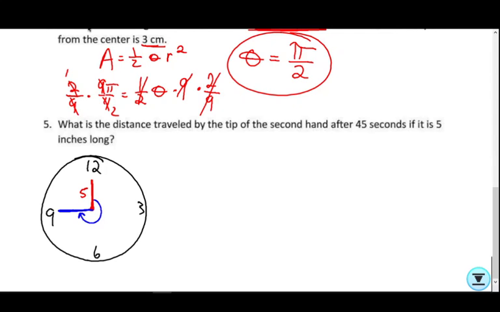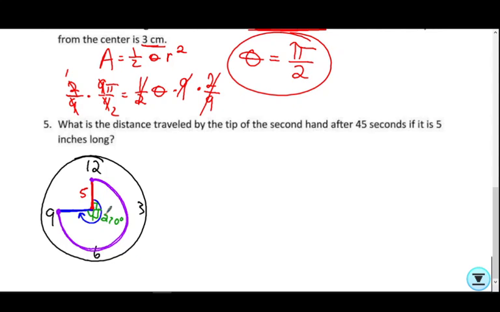Because we're trying to find how far this tip, this part right here, goes around. If we follow it, it goes around like this to get to here. So we're looking for this distance traveled around. Well, what's this angle? Well, we know that basically this is a 90-degree angle, this is 90, and this is 90. So 90 plus 90 plus 90 is 270 degrees. So it's gone around 270 degrees in 45 seconds.